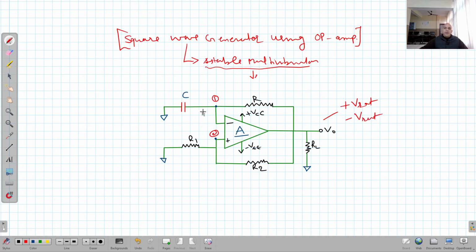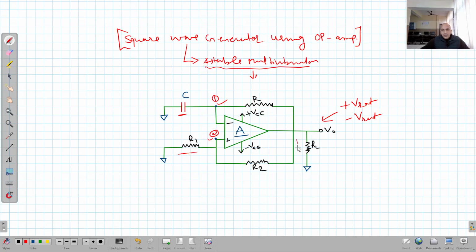It will depend upon whether the input at this terminal is higher or the input at the other terminal is higher. Now, what is the input at this terminal? It is obviously the voltage appearing across the capacitor. And what is the input at this terminal? It is obviously the voltage appearing across this resistor R1.